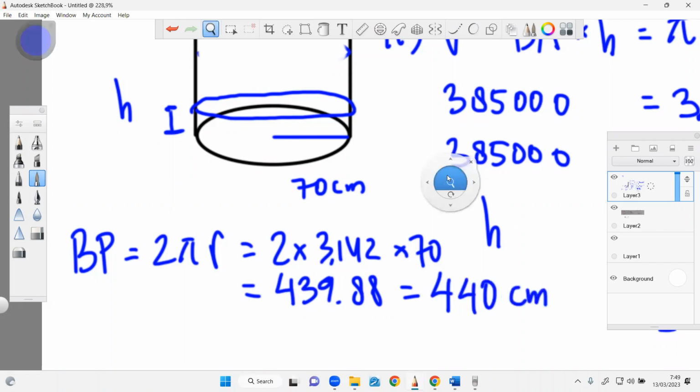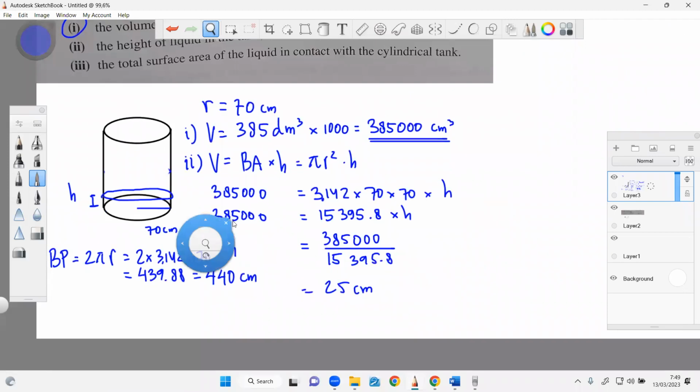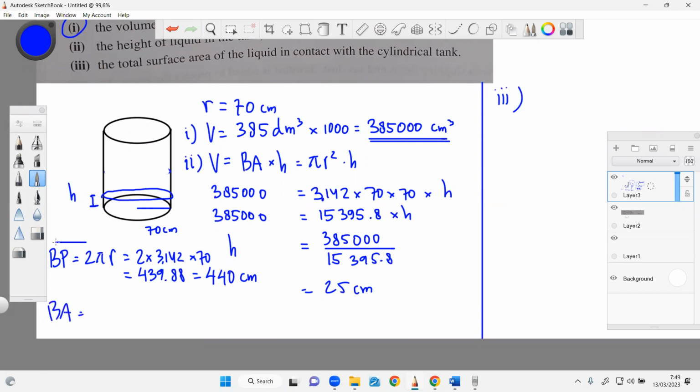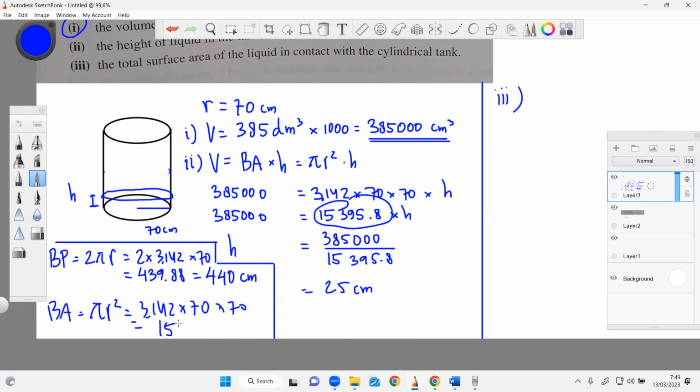cm. And then what do you do? Do the formula. Oh, we forgot to put the BA first. Okay, this is the requirement. Pi r squared, which is 3.142 times 70 times 70. We have this already, 15,400 centimeters squared. Rounding to three significant figures is okay, guys.